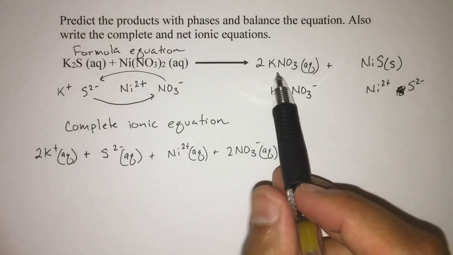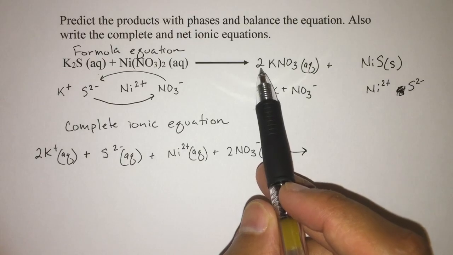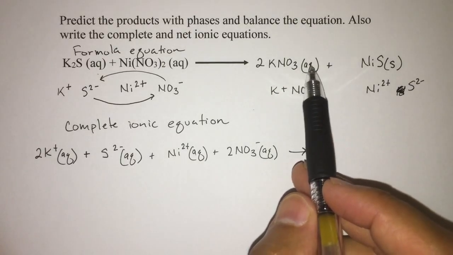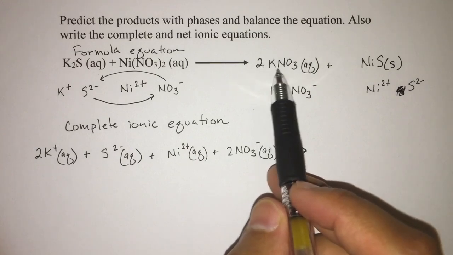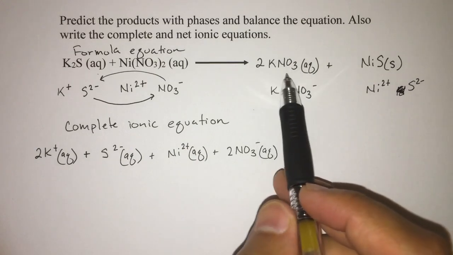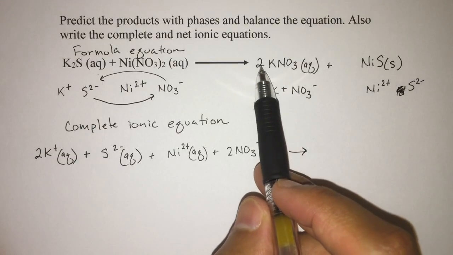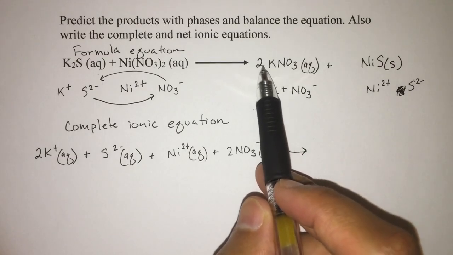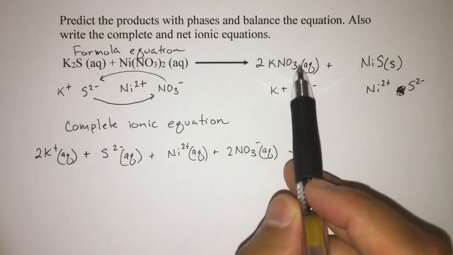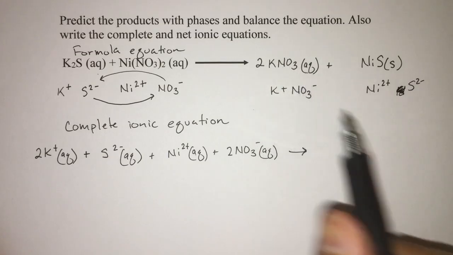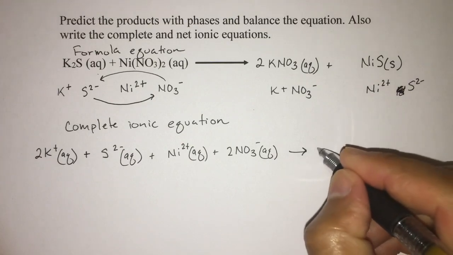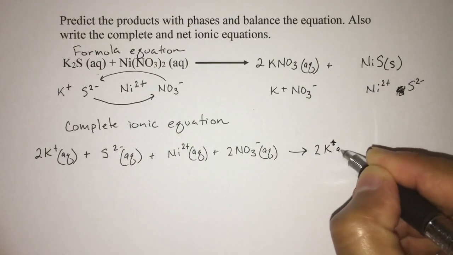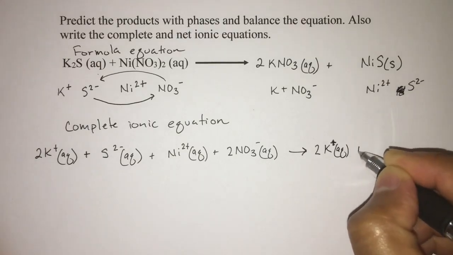On the product side, notice how there's 2 moles of potassium nitrate aqueous. So when 2 moles of potassium nitrate aqueous dissociate in solution, there are 2 times 1, 2 moles of potassium, and 2 times 1 nitrate, so 2 nitrates that dissociate.